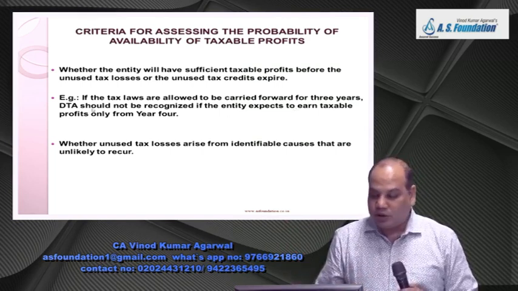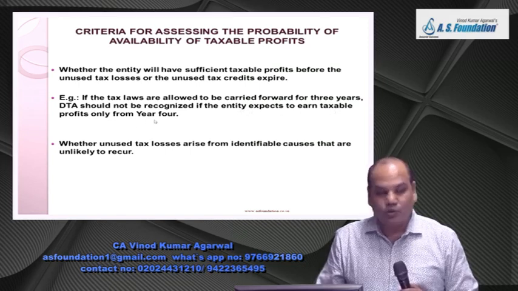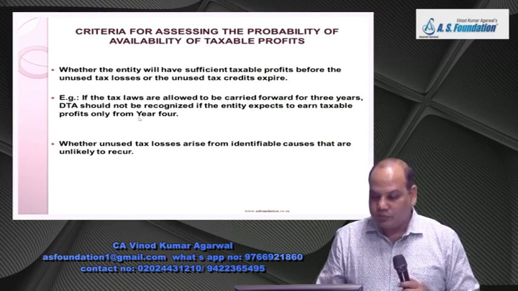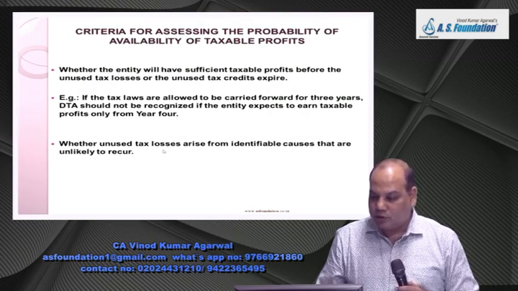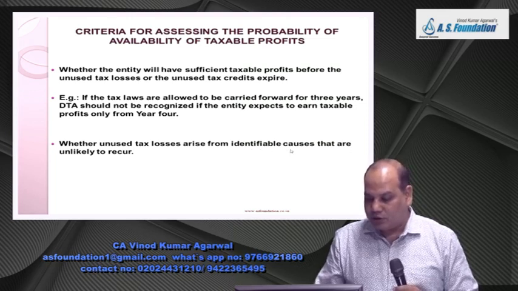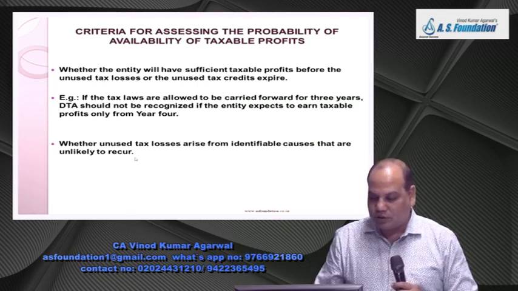Now, will you recognize DTA if the entity expects to earn taxable profit only from year 4? The answer is no. Then you will not recognize DTA, because DTA in that case will not reverse in the first 3 years only.